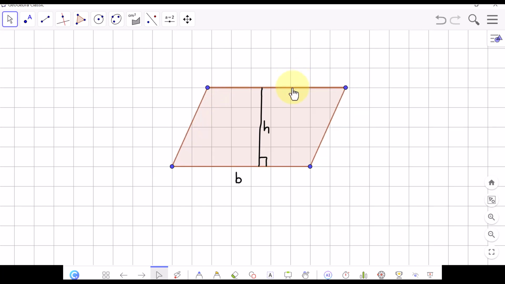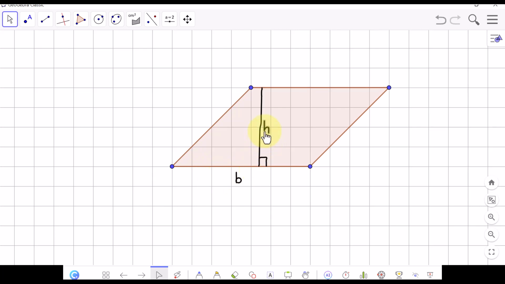You see, as I'm slanting it back, the height is not changing, the height remains the same. When it's now a rectangle, this place I call H will now become breadth. Then this place I call B will now become length. But now, if I move it to an angle to form a parallelogram, something like this, you see now, this is now the height.